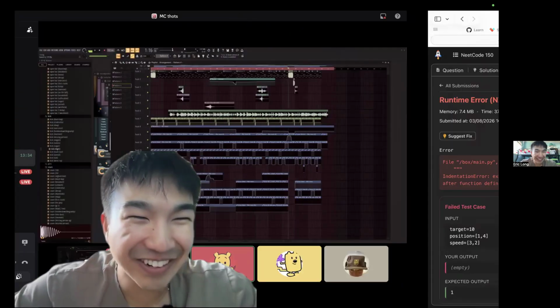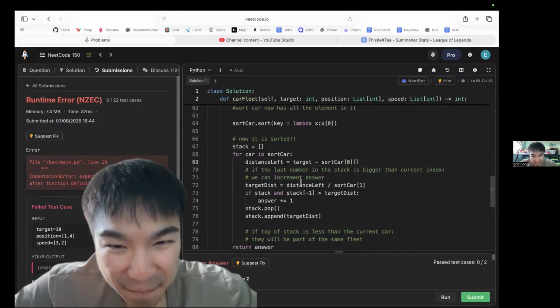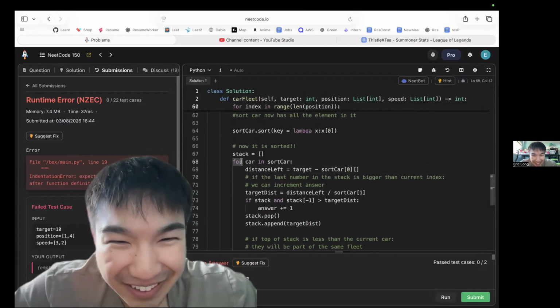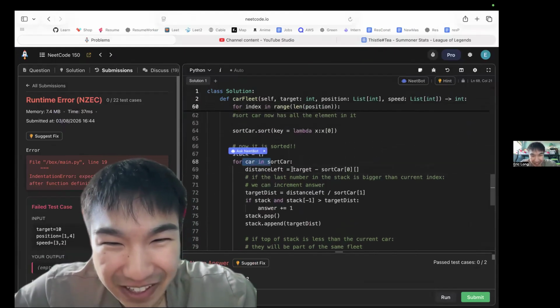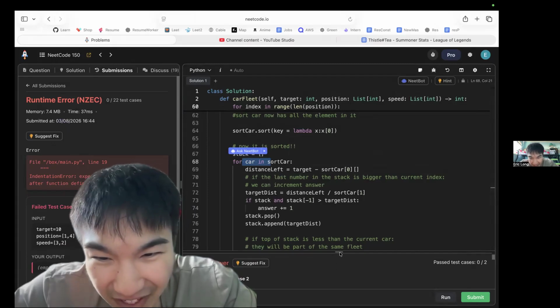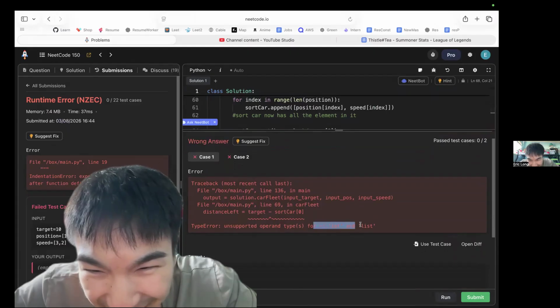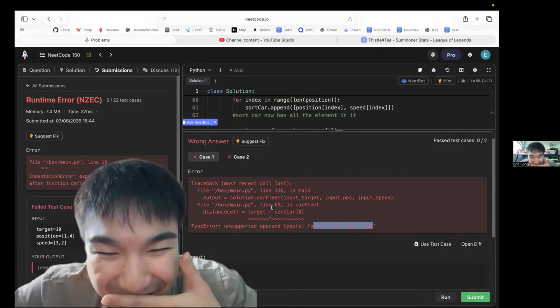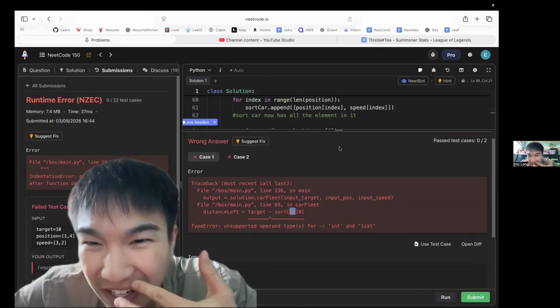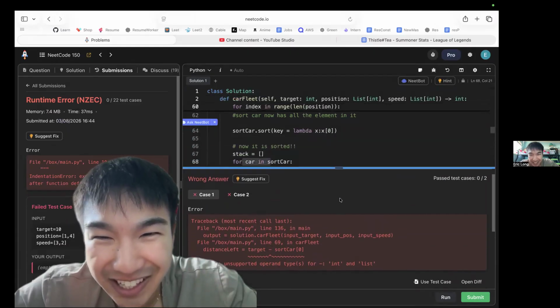I gotta finish up my tutorial now. All right, so right here we see that for car and sorted car, the error we're having right now is that we're trying to access negative int for int in list. You see that's trying to subtract a sorted car, but sorted car is actually a nested list.